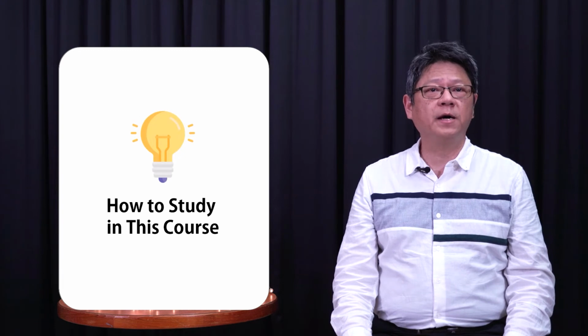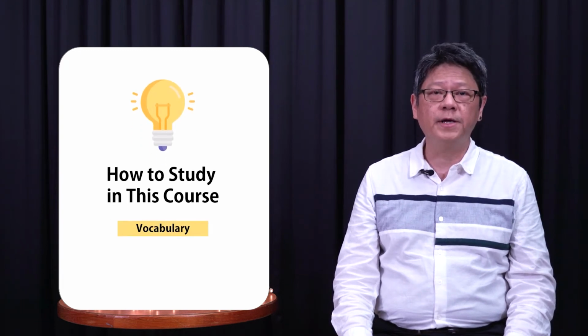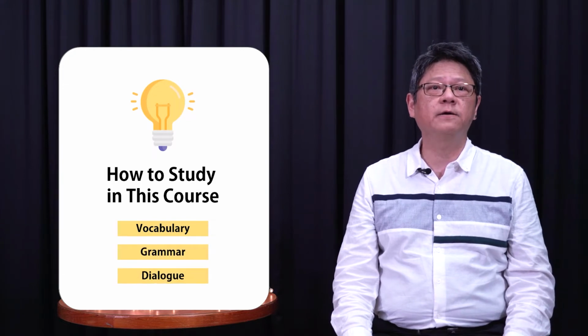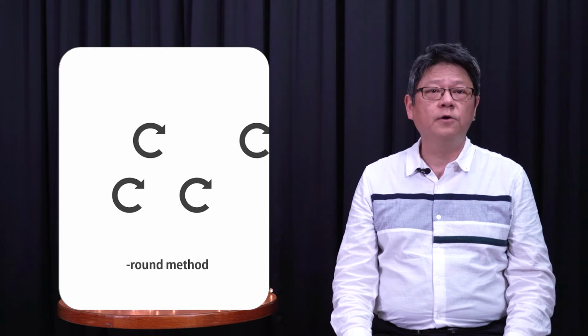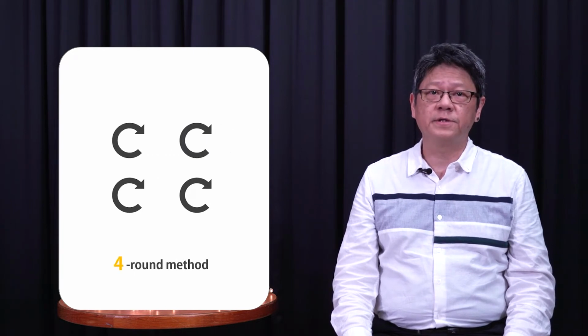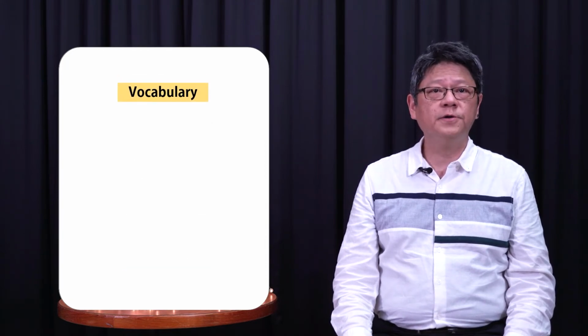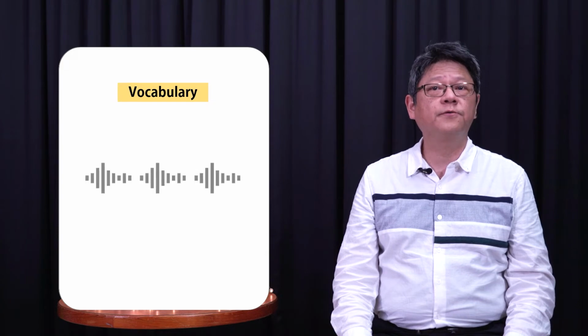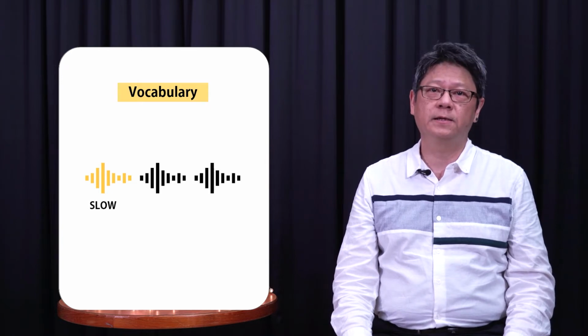Now let's talk about how to study in this course, including vocabulary, grammar, and dialogue. I will use the 3-round or 4-round method to make the learning easier. In the vocabulary section, all the new words will be read 3 times. For the first time, they will be read slowly.